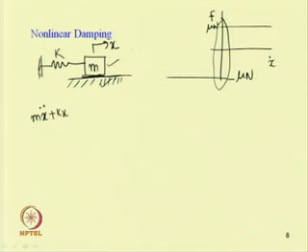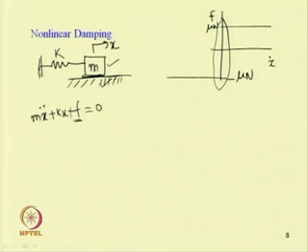Then we can add the damping force. When x dot is towards the right, the damping force will act towards the left, so we can write m x double dot plus k x plus F equals 0, where F is the damping force.